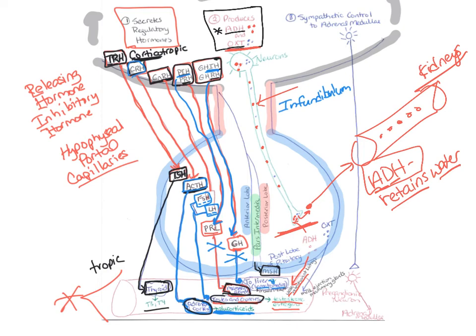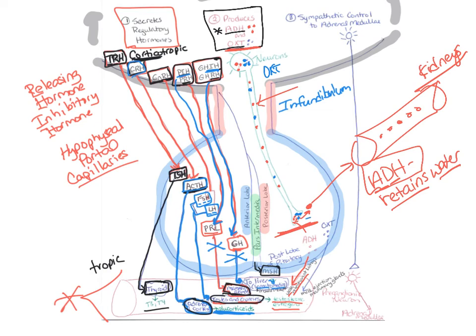Now, the other hormone that's produced in the hypothalamus by these neurons is oxytocin, or OXT, right? So oxytocin also will travel through that axon down into the synaptic terminal, and it sits there until it's ready to get released.